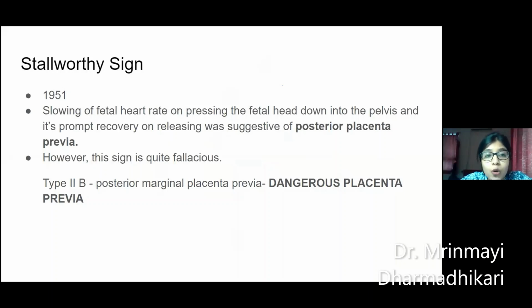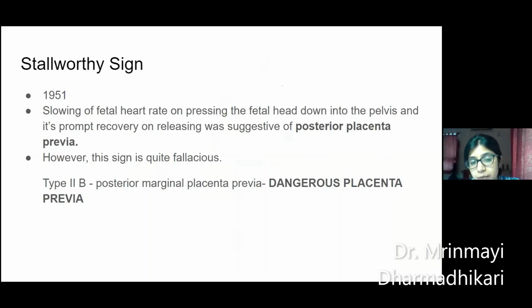It is the slowing of the fetal heart rate on pressing the fetal head down into the pelvis and its prompt recovery on releasing. So what happens in a case of posterior placenta previa? When you try to push the head down into the pelvis, the presenting part, that is the head, compresses this posterior placenta.